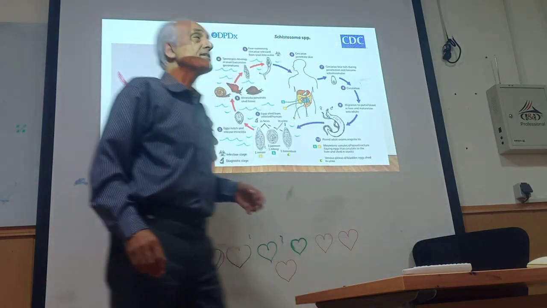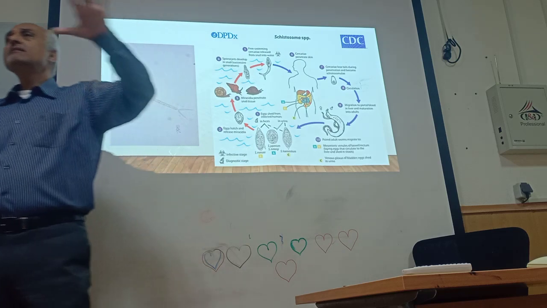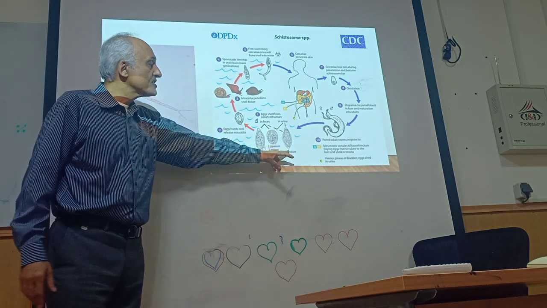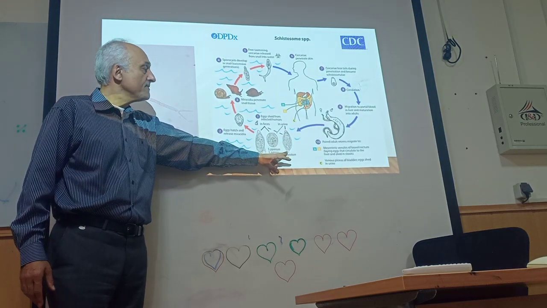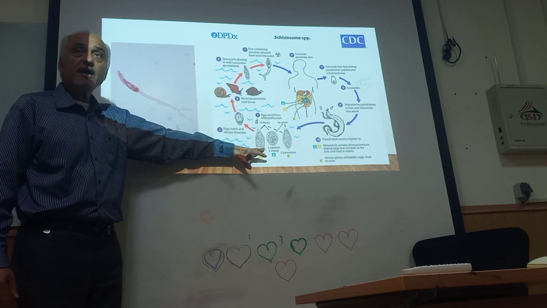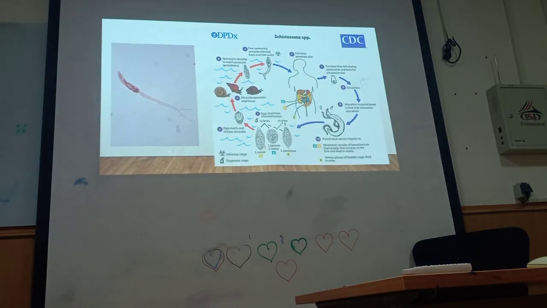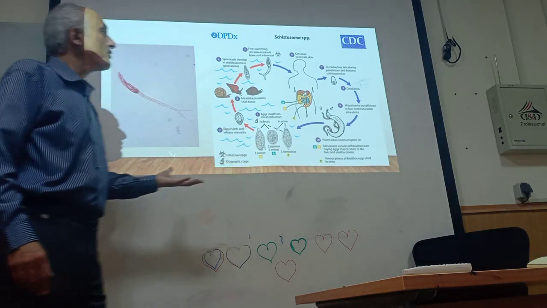Okay, life cycle again. This is the parasite. All these three have females and males separated from each other. The eggs of Schistosoma haematobium have a terminal spine, the eggs of mansoni a lateral spine, and the eggs of japonicum are very round with a knob on the side. So this is important.